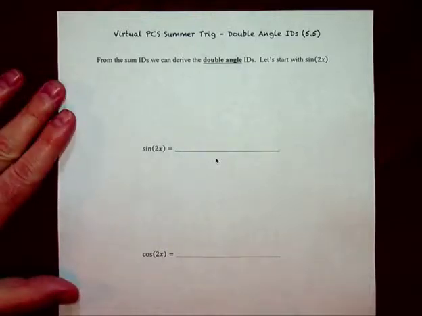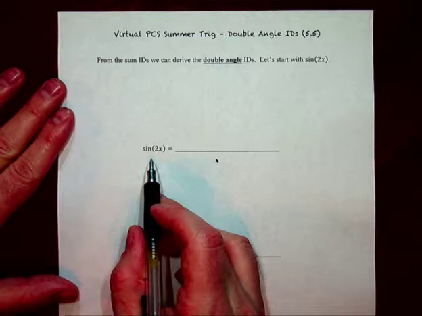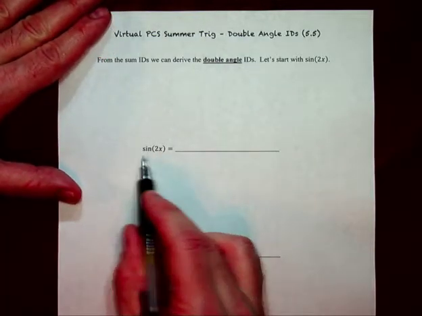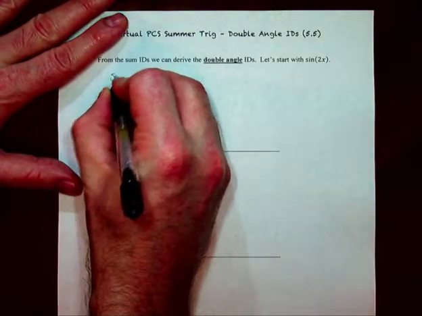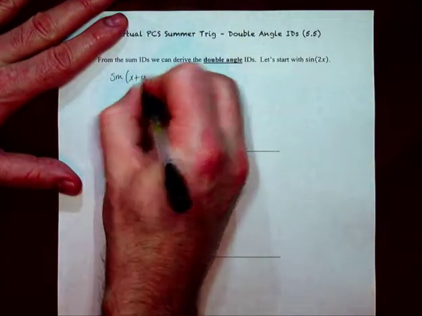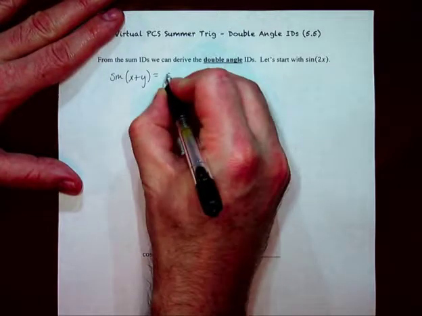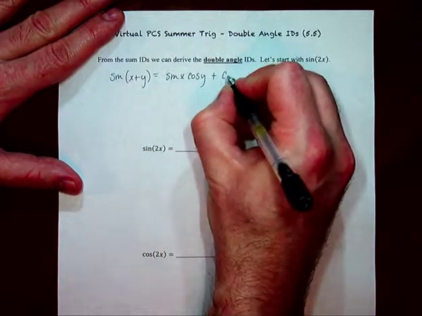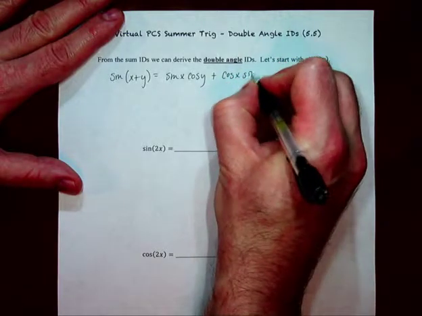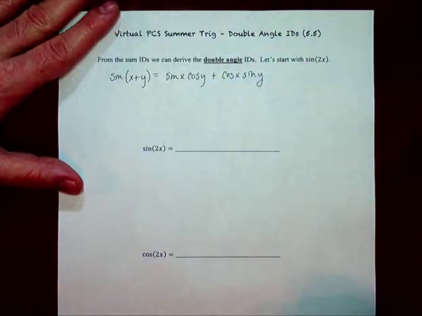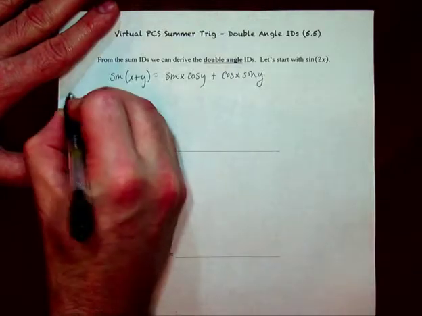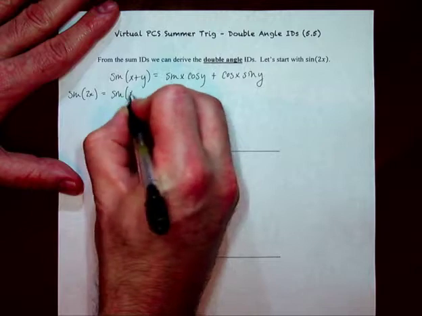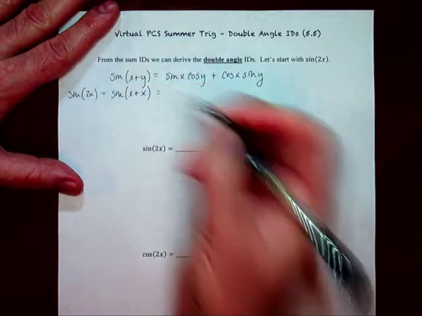All right. Now, like I said before, you have sine of 2x, and that is, of course, related to the sum identity. And the sum identity is sine x cosine y plus cosine x sine y. Now, remember that sine of 2x is simply a shorthand way of saying sine of x plus x.